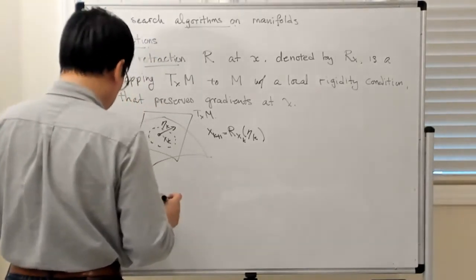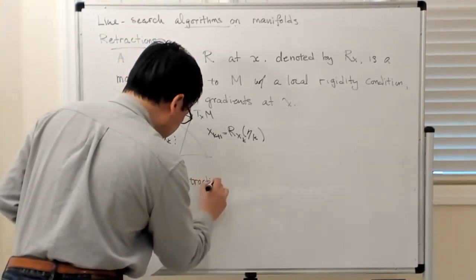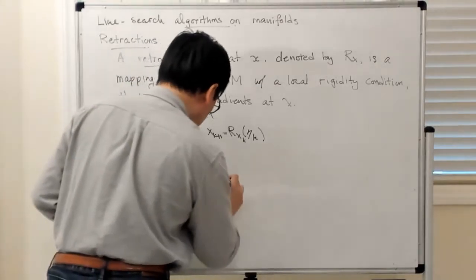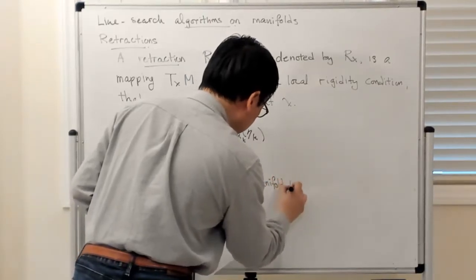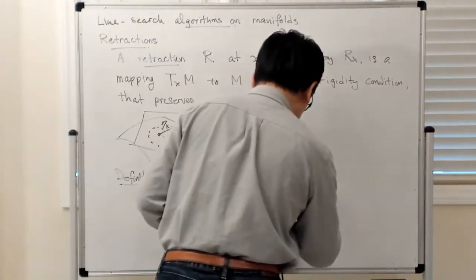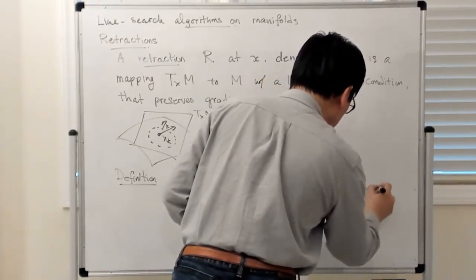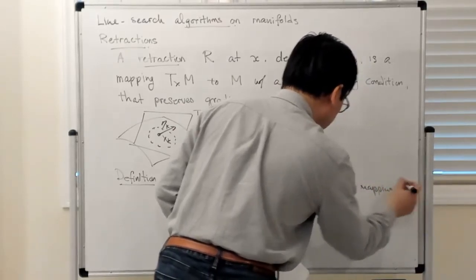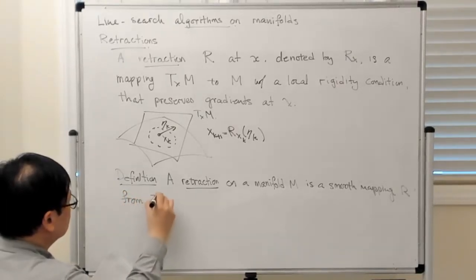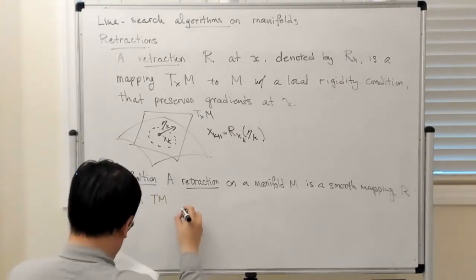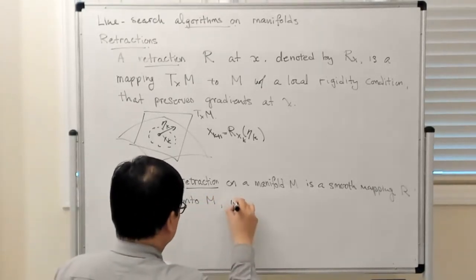A retraction on a manifold M is a smooth mapping, let's call it R, from the tangent bundle onto M with the following properties.